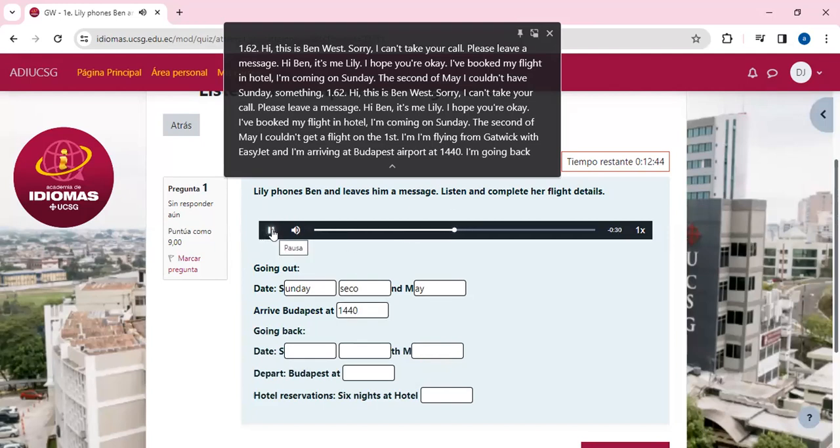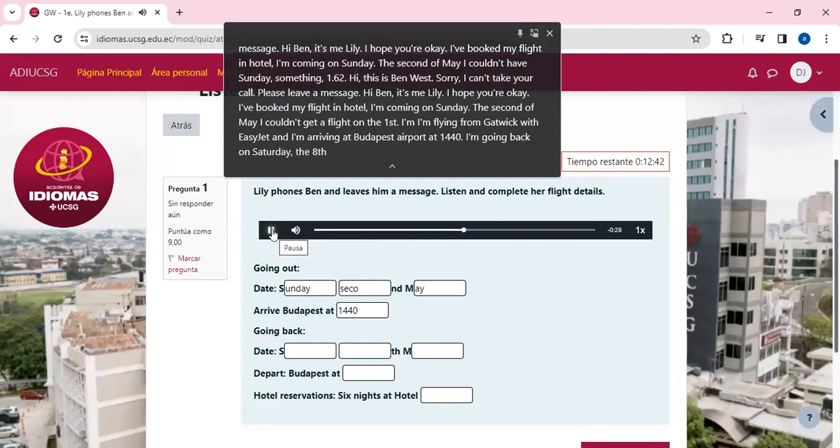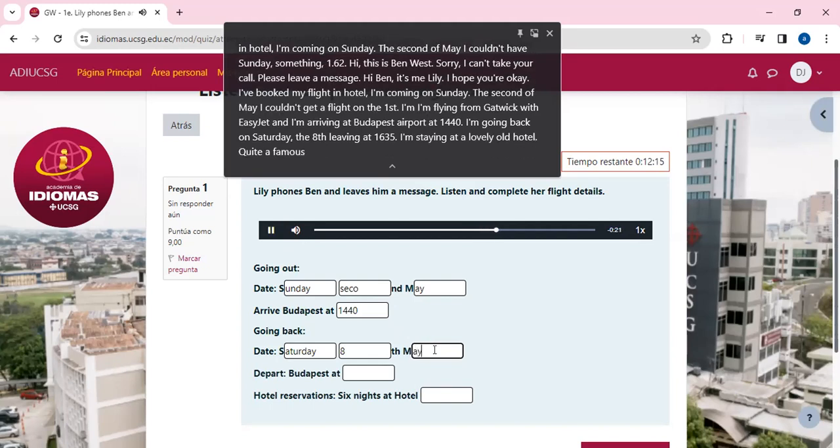I'm going back on Saturday the 8th, leaving at 16:35. I'm staying at a lovely old hotel, quite a famous one, I think.